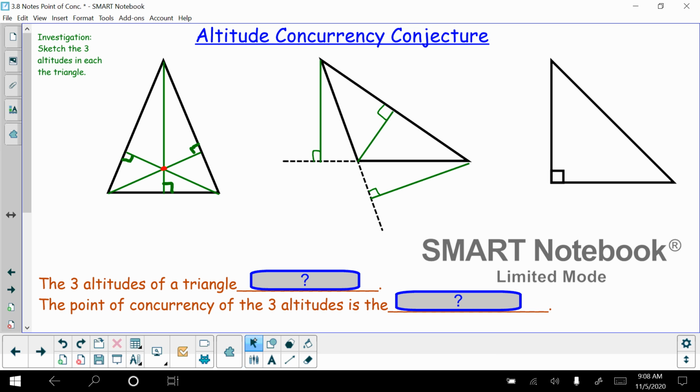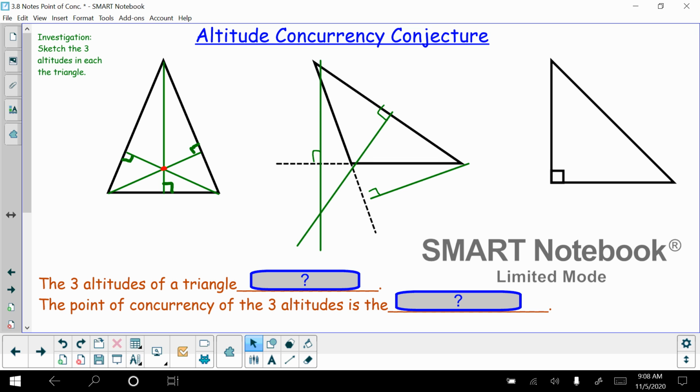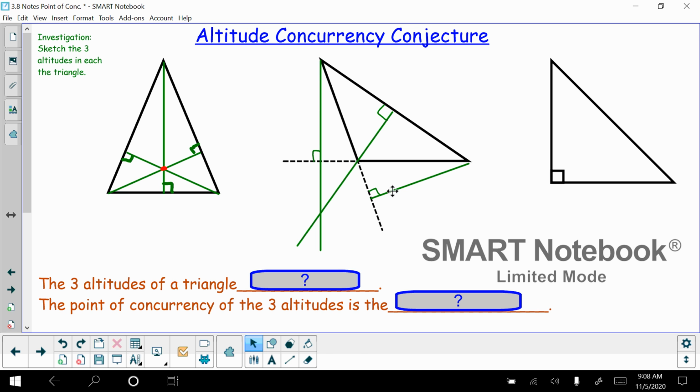However, what if I were to extend them and keep them going? So like, let's say this one keeps going straight down. This one keeps going through there. And this one also is extended. Okay, pretty close to it.